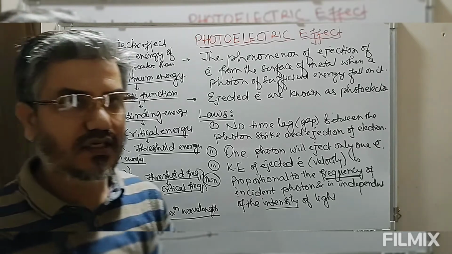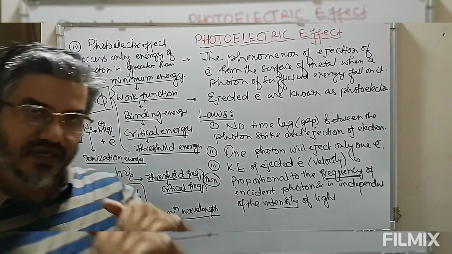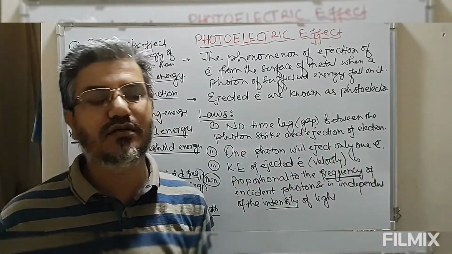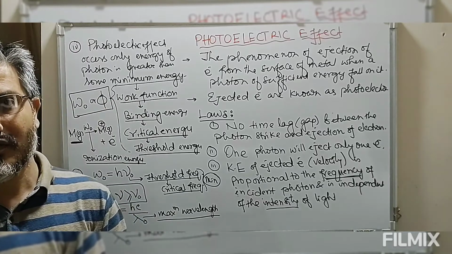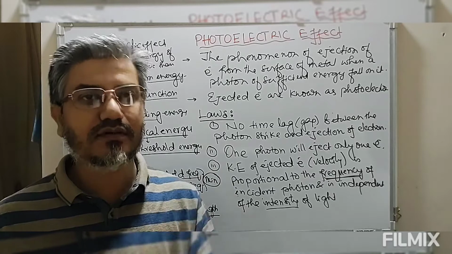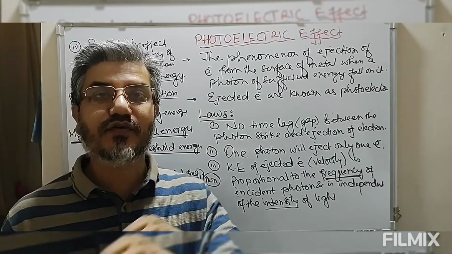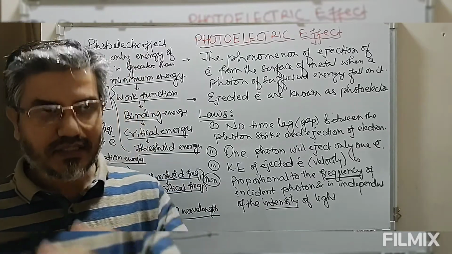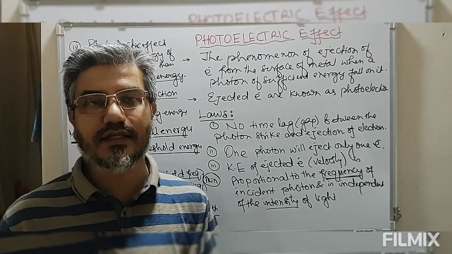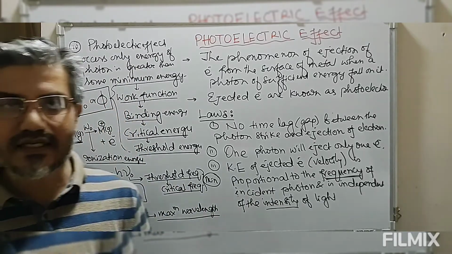Now the moment this photon strikes the surface of the metal, electrons are ejected. So how many electrons will be ejected? That has nothing to do with the frequency of the incident light, but the number of photoelectrons, or the photoelectric current, depends only on the intensity of the incident photon.